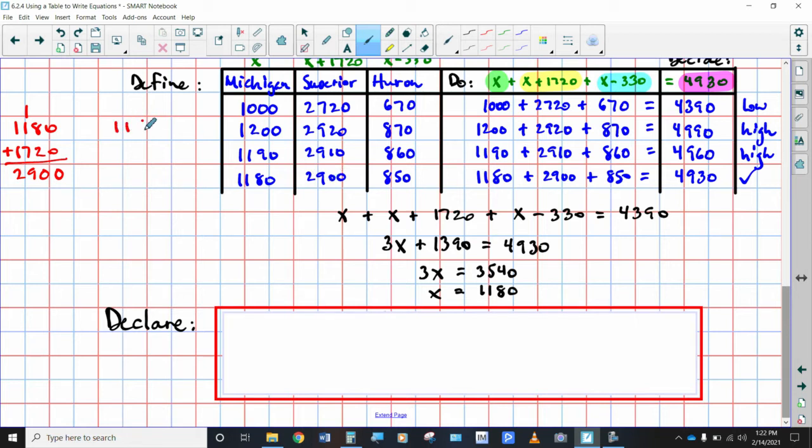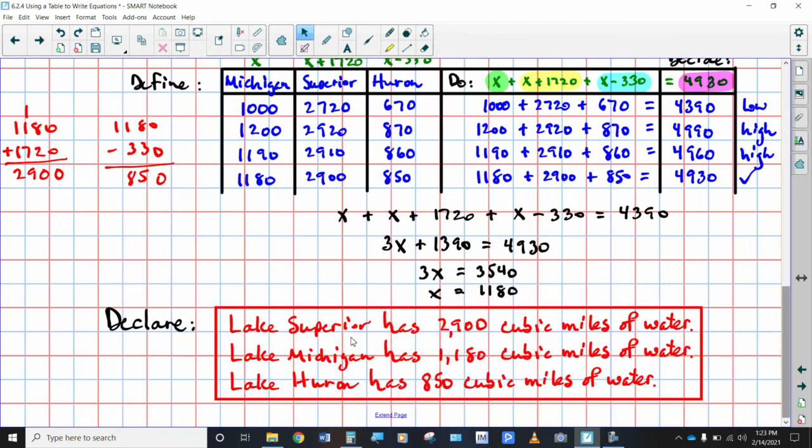And then we do the same thing with Lake Huron, where we would subtract 330 away, and you get 850. So add all those together, prove that they add up to the total we want it to add up to. Double check to make sure that each one of these meet our definitions compared to Lake Michigan. And once we have all of that secure and true, and we are fully confident, we declare our answer.